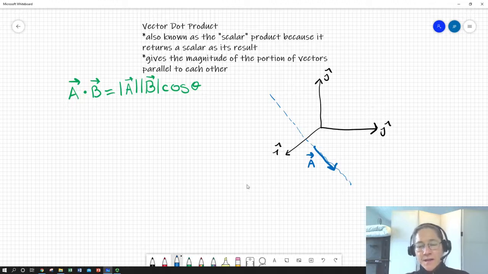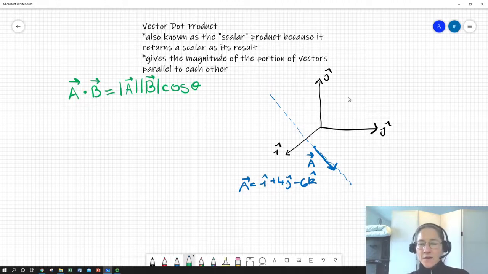And I can represent vector A as, let's call it i hat plus 4j hat minus 6k hat. So I'm going to use my coordinate unit vector designations to show that it's heading a little in the positive i direction, it's heading over in the j hat direction, it's heading down.